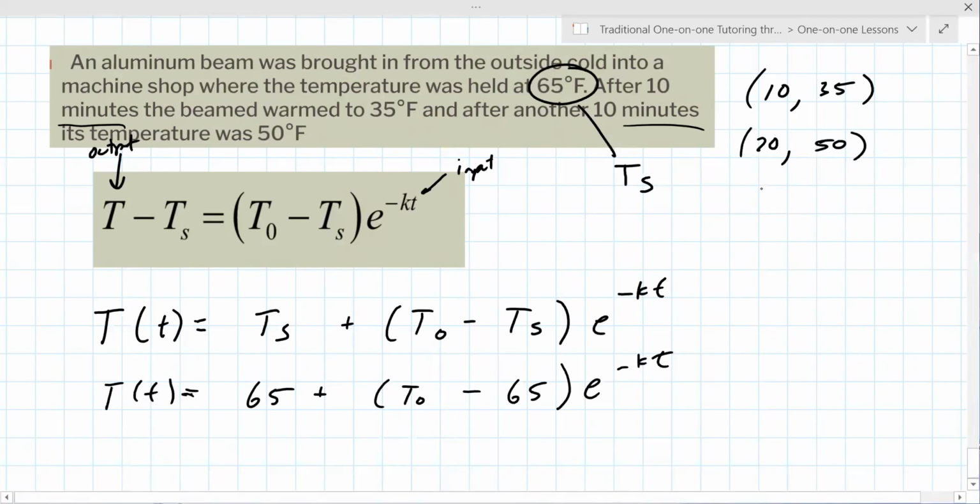So this is little t, and then this is big T. That's another confusing thing when you're doing this for the first time, the mixture of upper and lowercase variables. So the first data point is 35 equals 65 plus T0 minus 65 e to the minus k times 10.